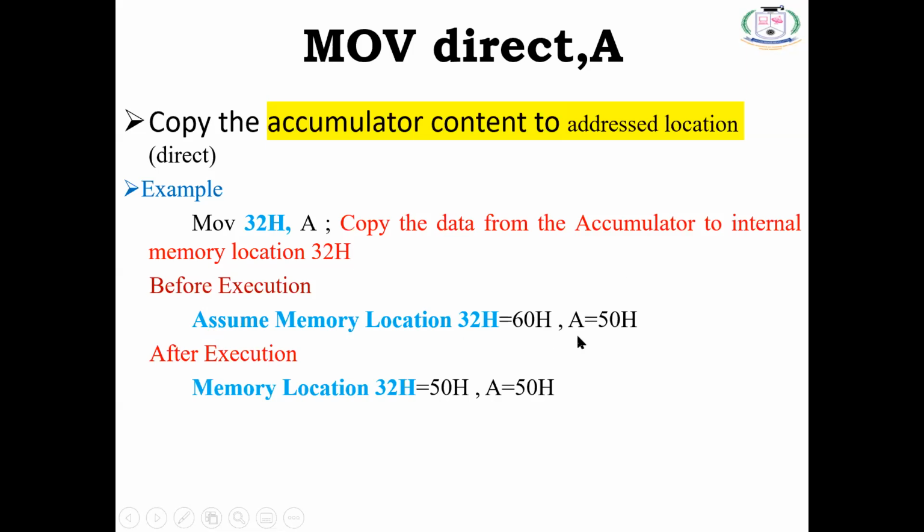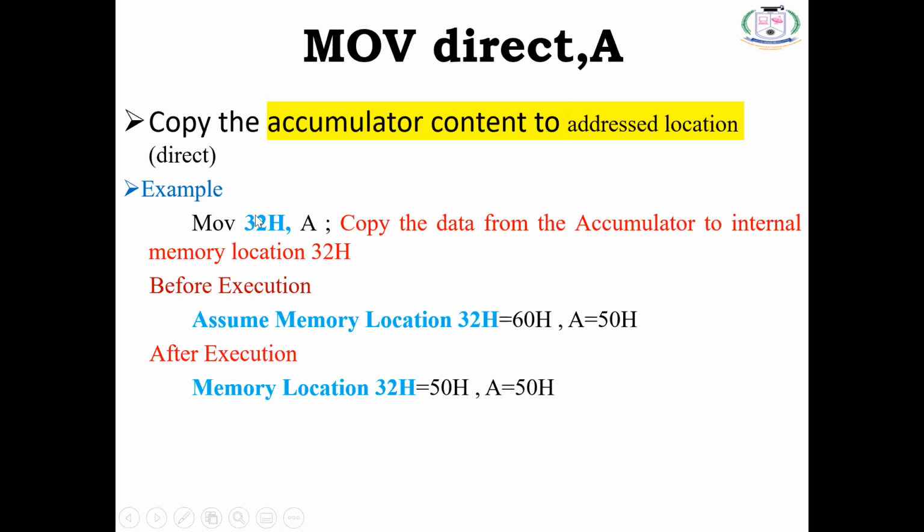So my accumulator value is 50H. That 50H should be moved to memory location 32H. So at 32H, what is the value? 50H. Are you clear? So this 32 is my address and 50 is my data. Can you understand the difference between address and data? Why am I using an 8-bit address?